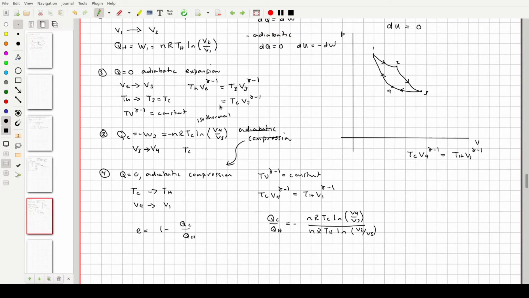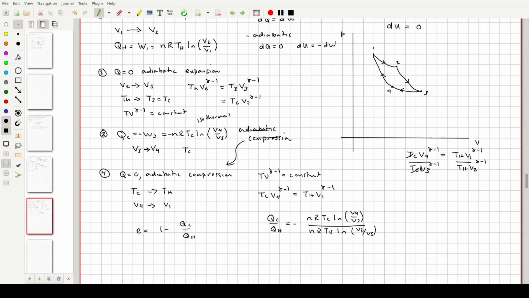Now, if I look at this one here, if I divide this equation by this equation right here, I'm going to put TC V3 to the gamma minus 1 on the left-hand side. And on the right-hand side, I'm going to put TH V2 to the gamma minus 1.